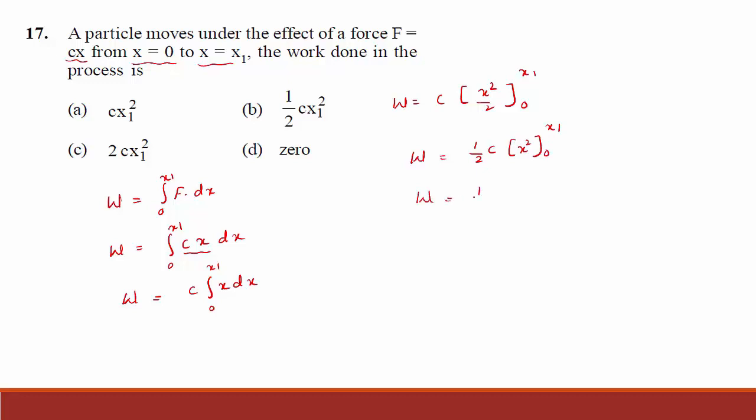Now apply the limits: upper limit x1 square minus lower limit 0. So we get the final answer, W equal to half C x1 square, which is the work done in the process. Option B is correct.